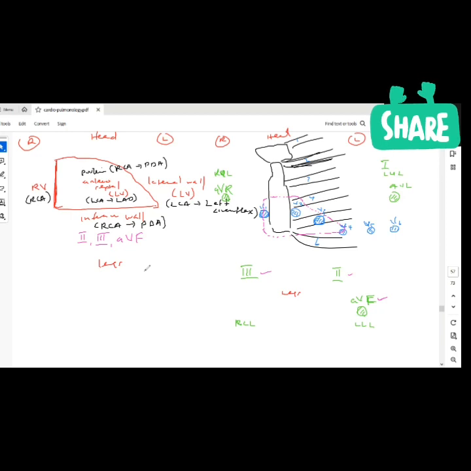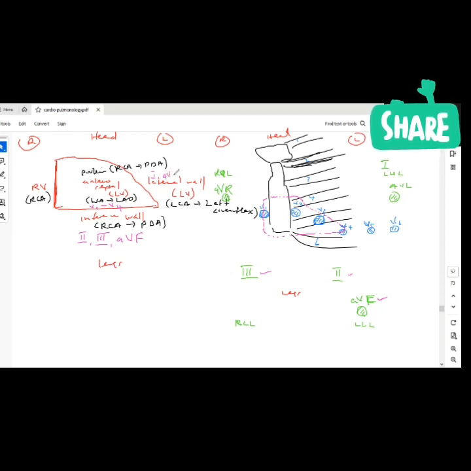Okay. Which leads are looking at the anteroseptal wall of the heart? Like maybe V1, V2, V3, and V4. Thank you very much. V1 to V4, anteroseptal. Which leads are looking at the lateral wall? Lead 1 and AVL.